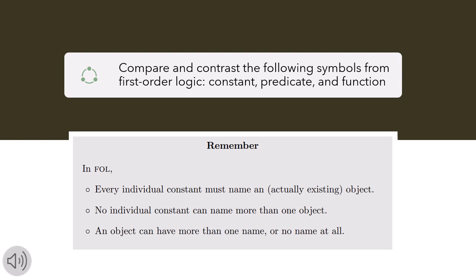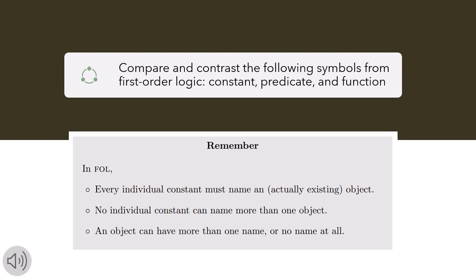Okay, so I'll focus a bit on this learning objective about comparing and contrasting constant, predicate, and function symbols, and I'll remind you of some of the important facts at the end of the various sections of Chapter 1. For example, in this section on constants, there's a reminder at the end that in FOL, or first order logic, every individual constant symbol must name an object.